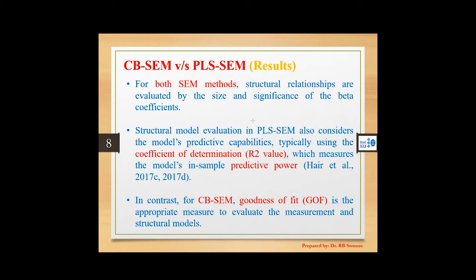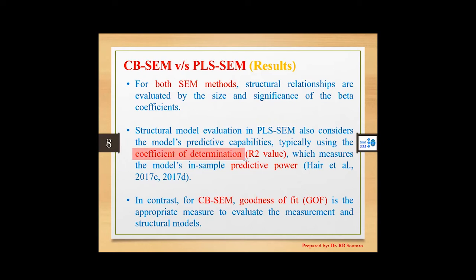Structural equation modeling like PLS-SEM is also considered for the model's predictive capabilities, because you know that this is applied when we want to predict the model's capabilities, or when our data is exploratory. So in this one, normally we can apply SmartPLS. Typically it provides the coefficient of determination, normally called R square.